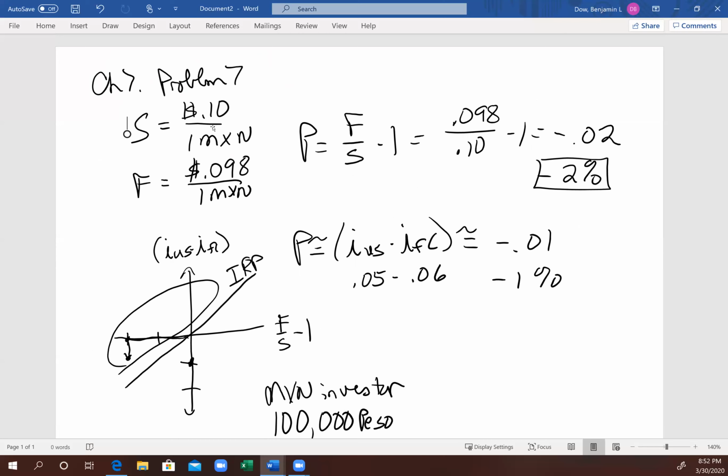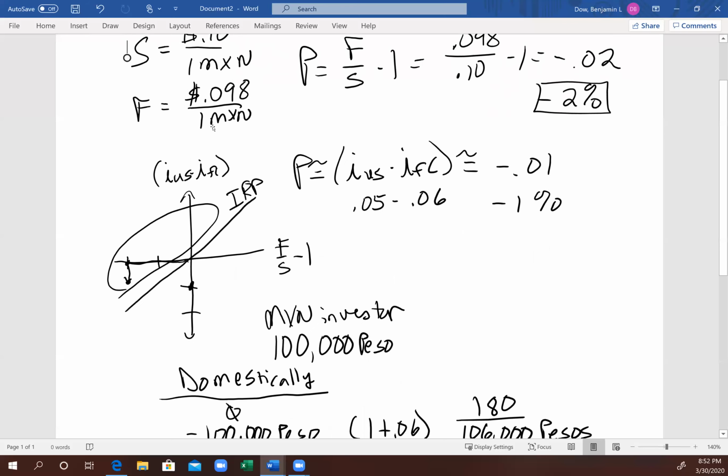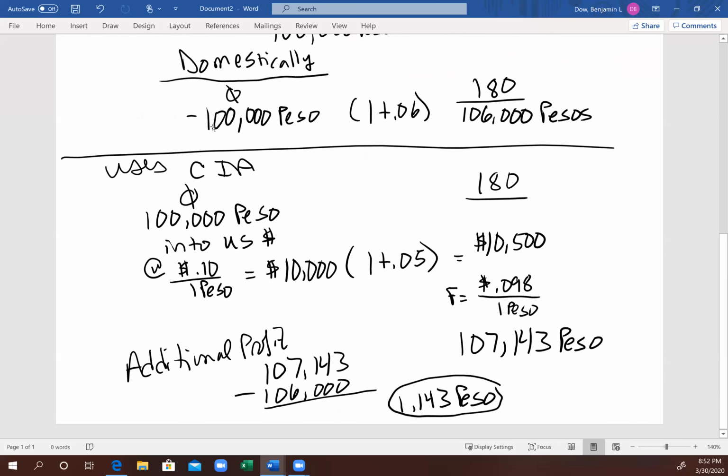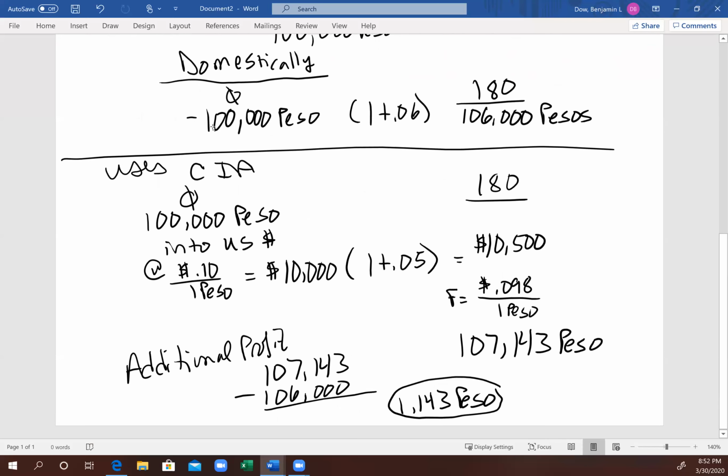So by giving up 1% in interest, by converting pesos into dollars and only earning 5% on the dollars, he's picking up 2% later on the conversion back to pesos. So he should be about 1% better off. It's a little higher than that. But remember, it doesn't work exactly because of differences in the base of the currency.